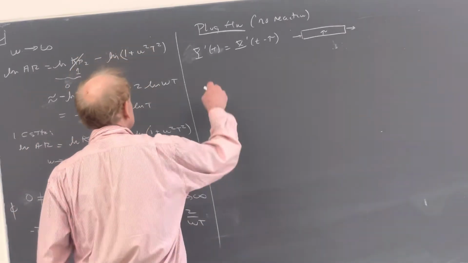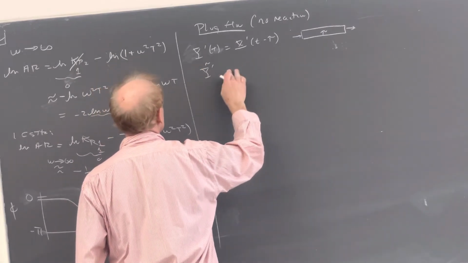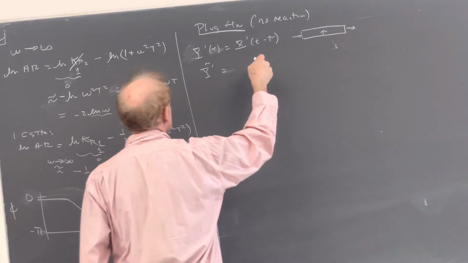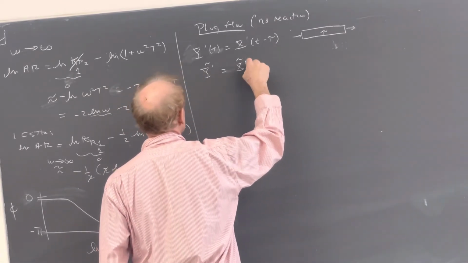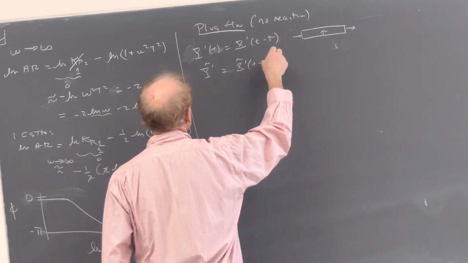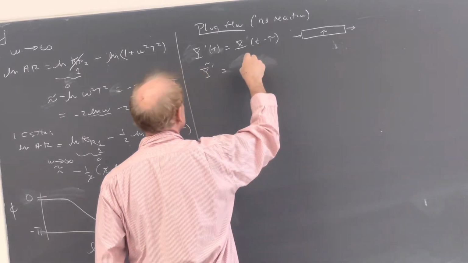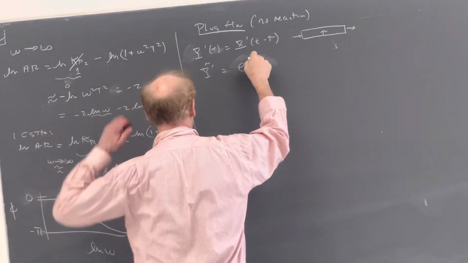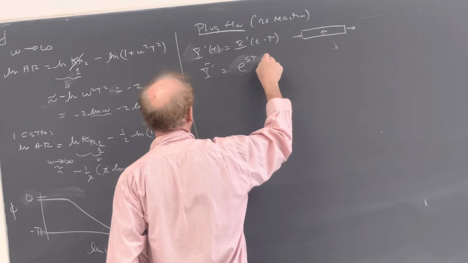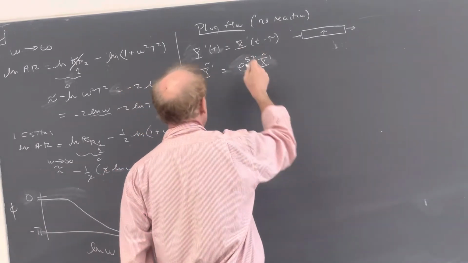Okay, so y prime tilde is equal to x prime of t minus tau. Well, so y prime tilde is just a delay, is e to the, it's either plus or minus s tau x prime. I think it's minus.